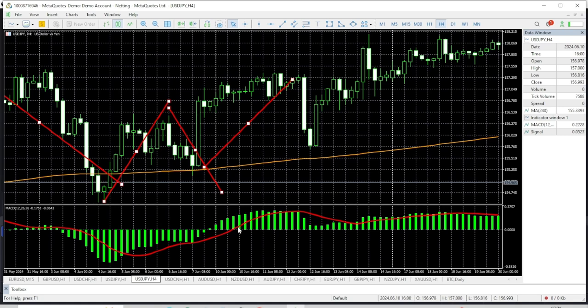And then from this level, from this particular candlestick, the MACD histogram is saying that the market is uptrend. This is exactly what we want. So the MACD and the exponential moving average 240 are speaking the same language now. They are beating the same drum. We want to flow with them.